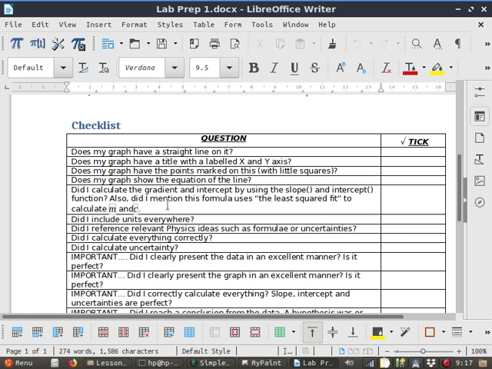That's the M. You write equals SLOPE, and then what you do is you highlight Y, comma X. Close.